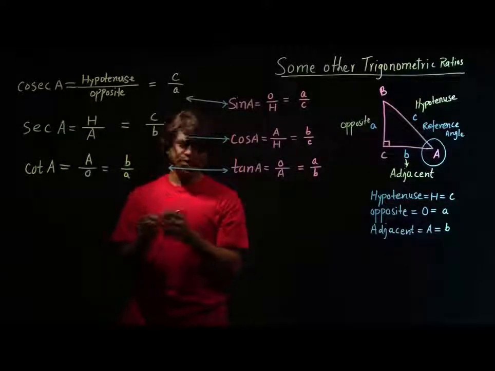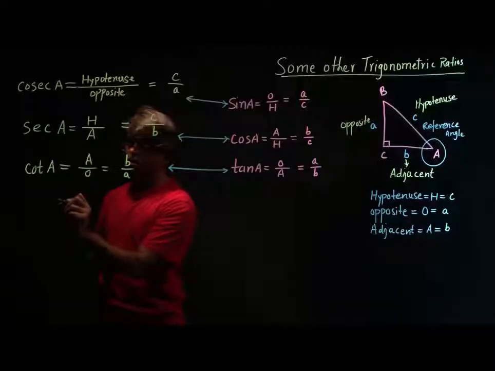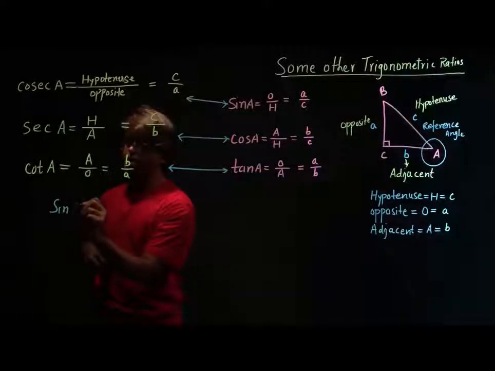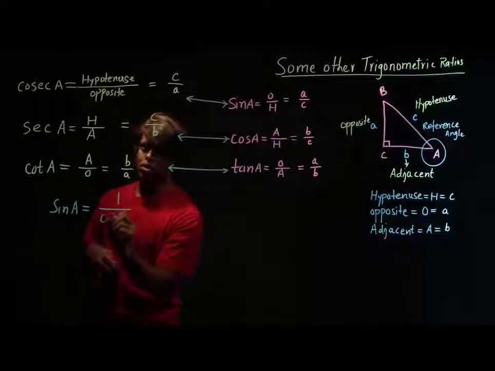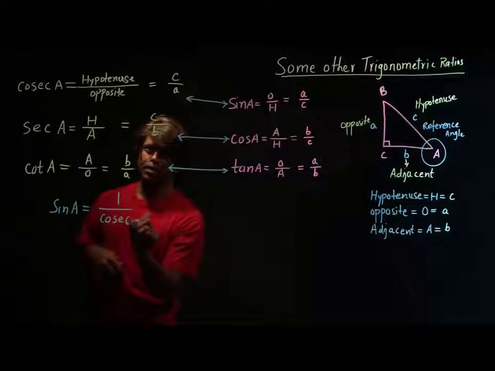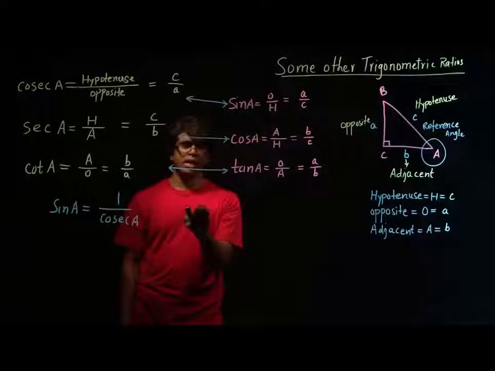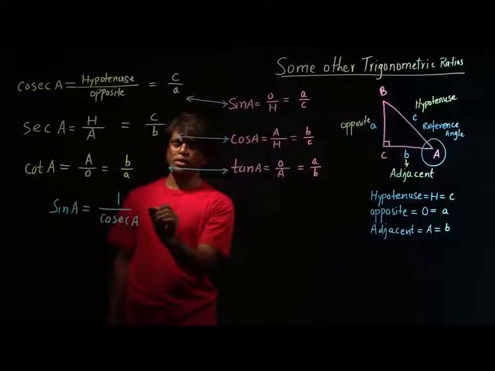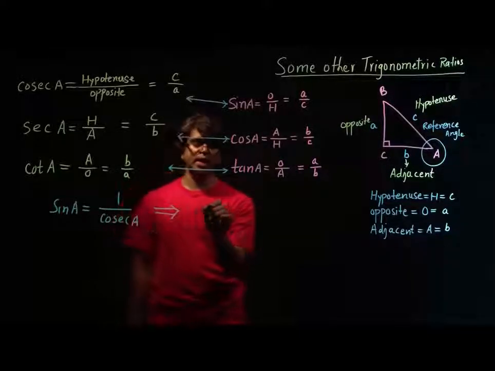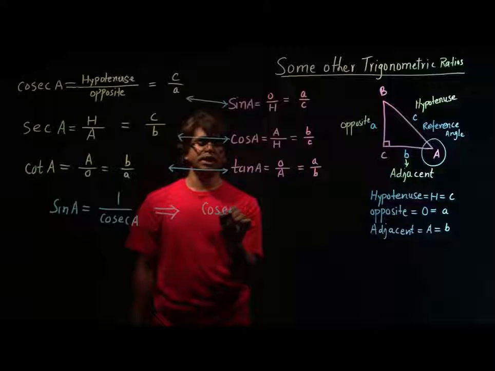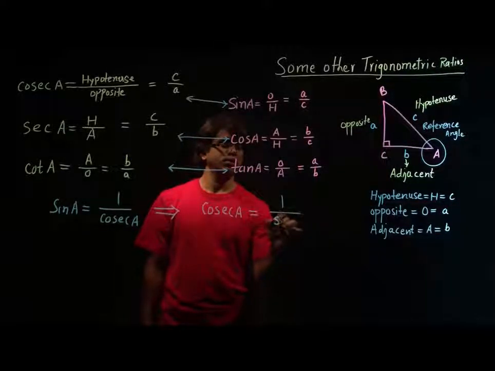So the next relationship that we can write is sine of A is 1 over cosecant of A, because one is the reciprocal of the other. In the same way, cosecant is equal to 1 over sine.